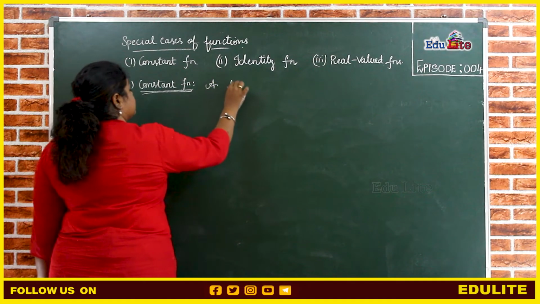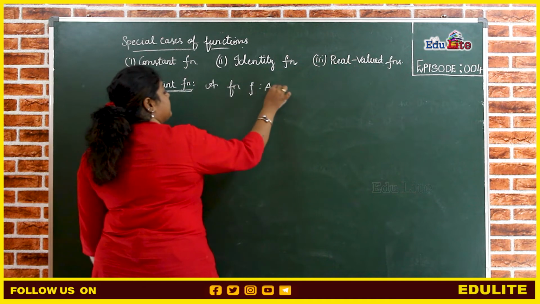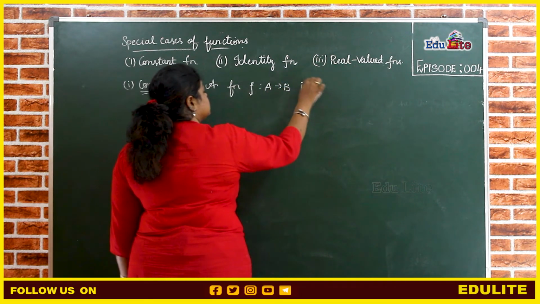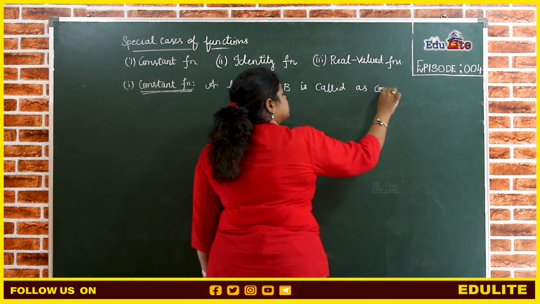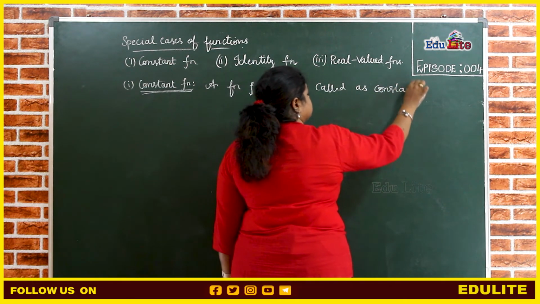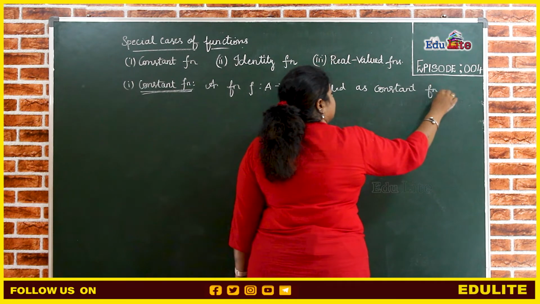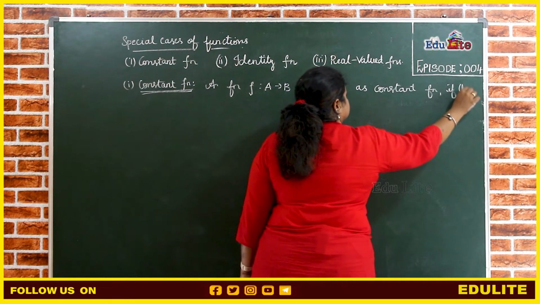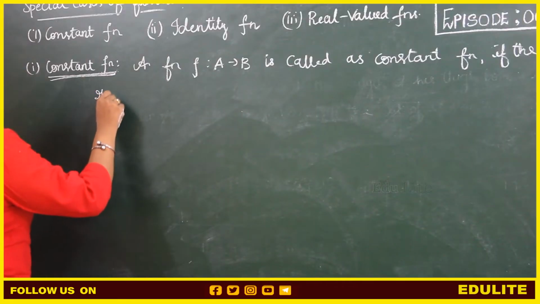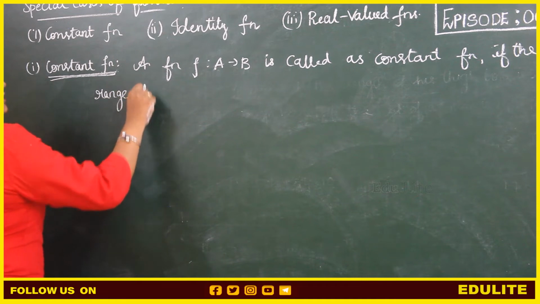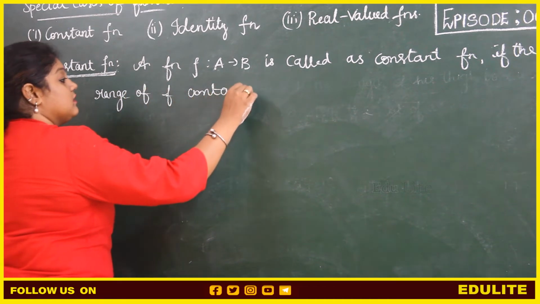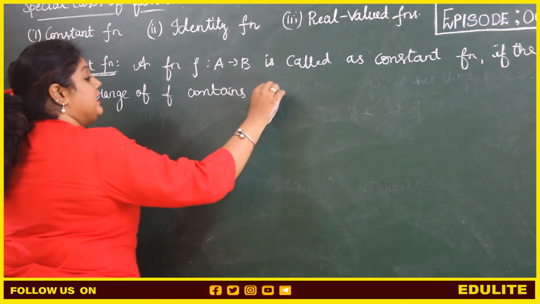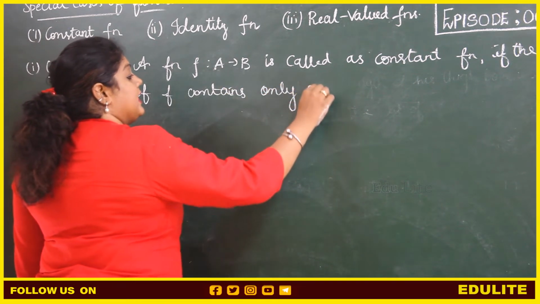A function f, a mapping from A to B, is called a constant function if the range of f contains only one element.